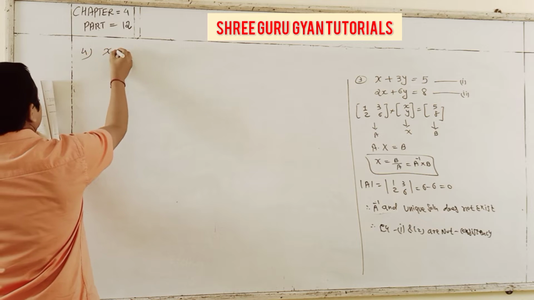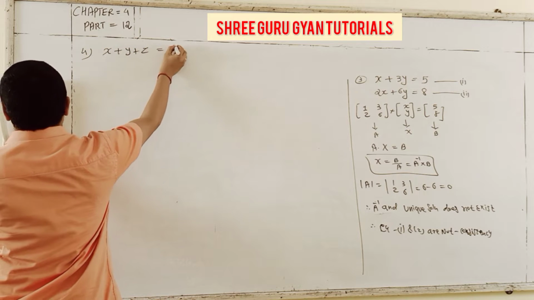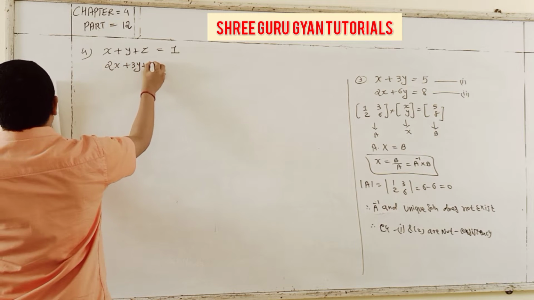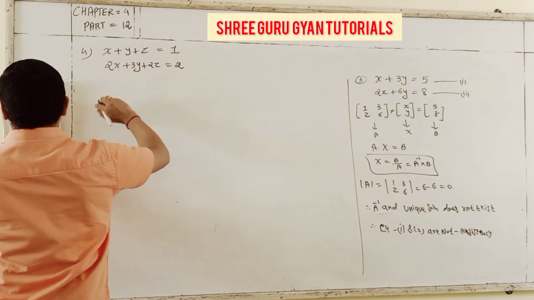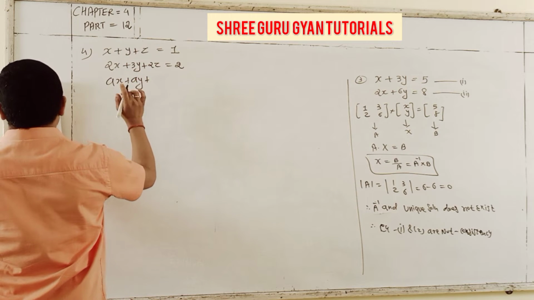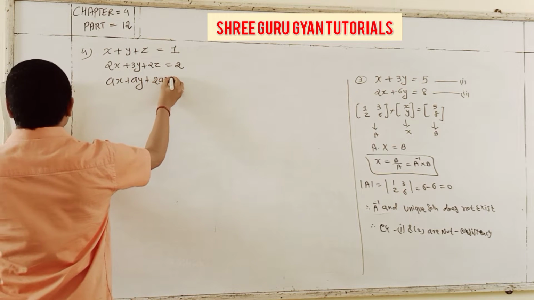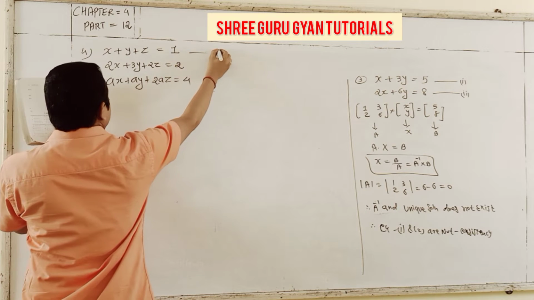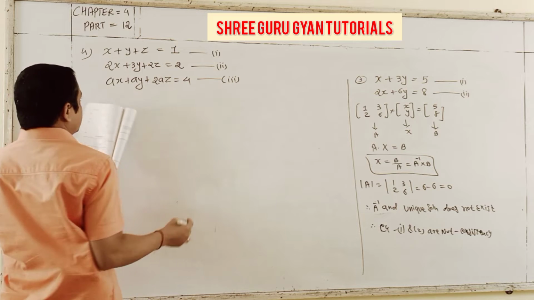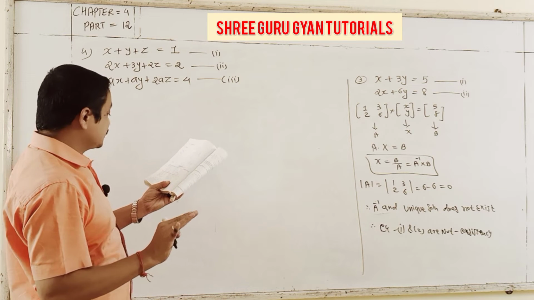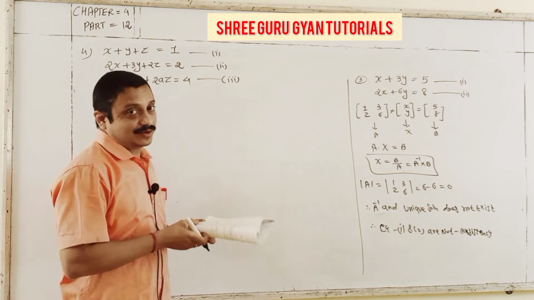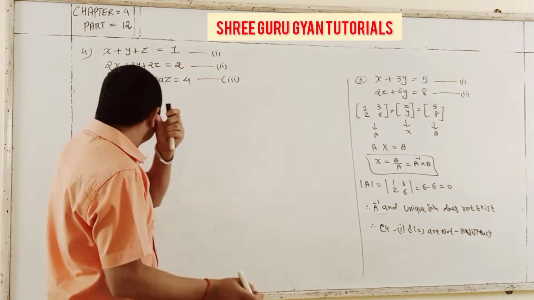Now 3 equations are given: x plus y plus z is 1, 2x plus 3y plus 2z is 2, and ax plus ay plus 2az is equal to 4. Statement 1, statement 2, statement 3.